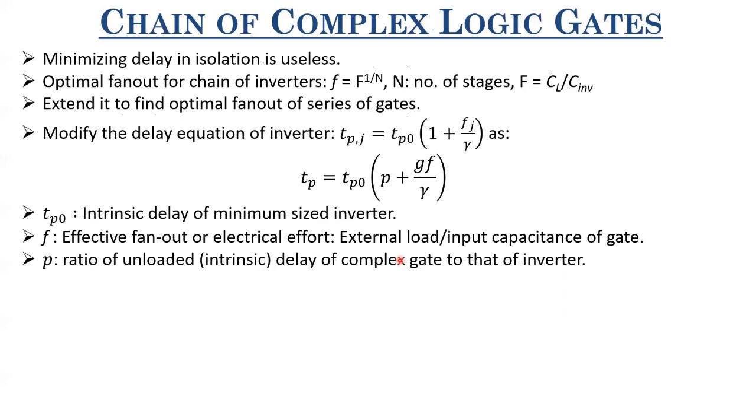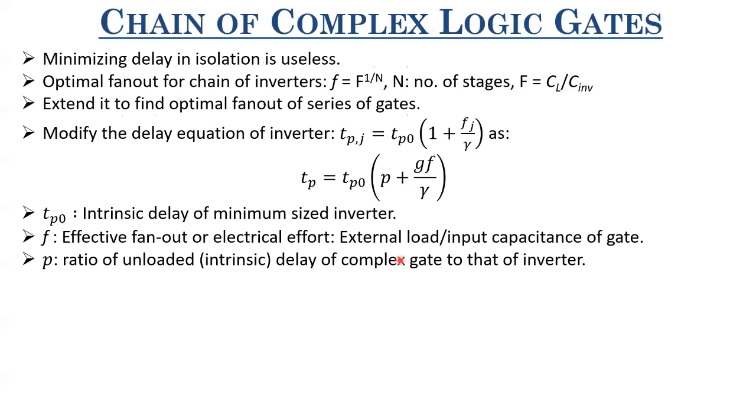Now, so far we were doing the delay analysis or sizing. While sizing, we were assuming that the pull-up network or the pull-down network of these complex logic gates gives the same amount of current as the minimum sized inverter, right? We were looking at the worst case and trying to size them such that the effective resistance, or the effective current drivability, of the pull-up or pull-down network was the same as that of the minimum sized inverter.